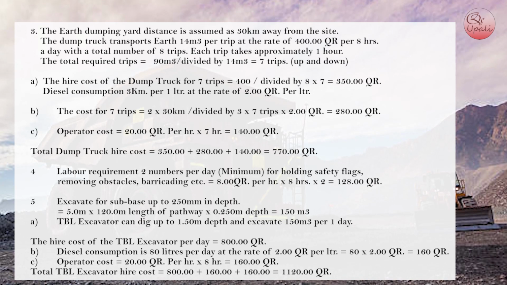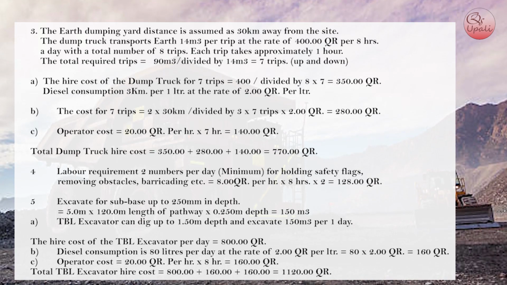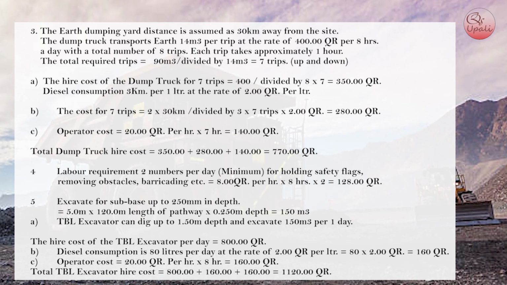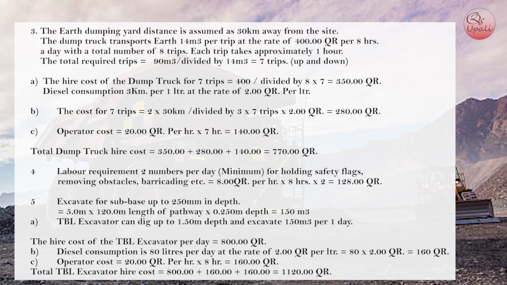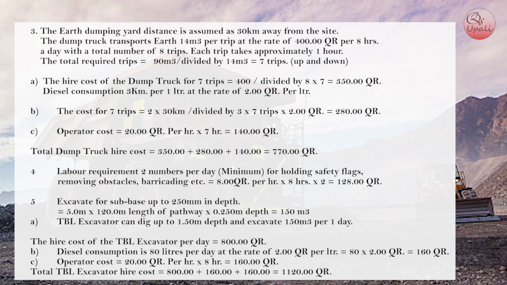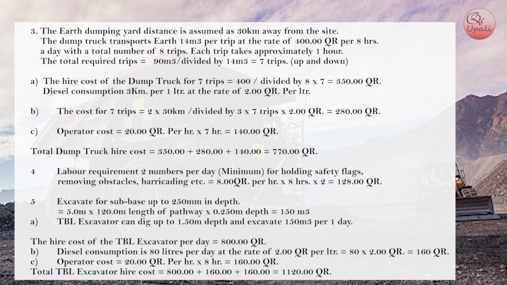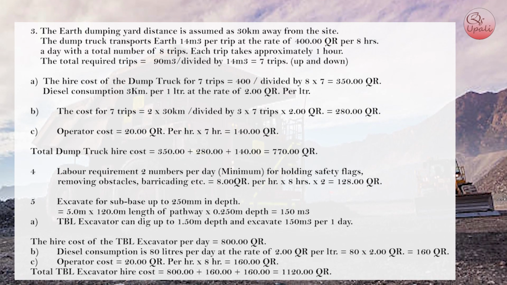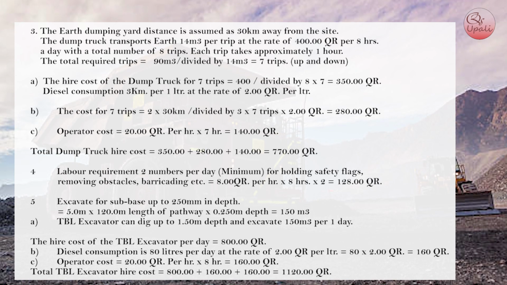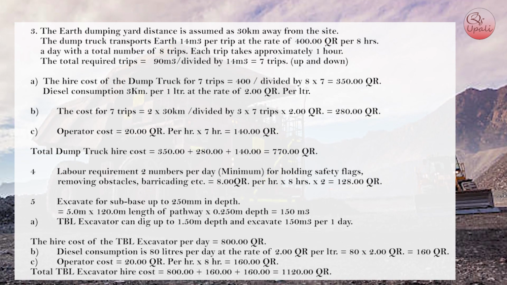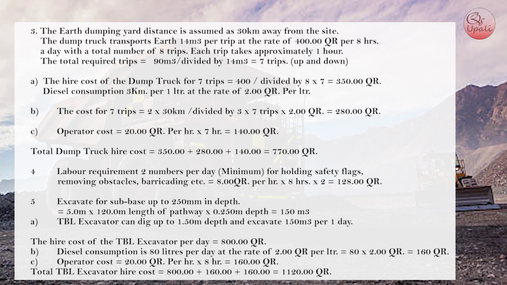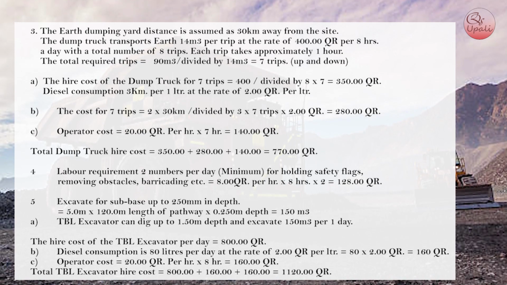B. The cost for 7 trips equals 2 into 30 km divided by 3 into 7 trips into 2 Qatar riyal equals 280 Qatar riyal. C. Operator cost 20 Qatar riyal per hour into 7 hours equals 140 Qatar riyals. Total dump truck hire cost equals 350 plus 280 plus 140 equals 770 Qatar riyals.